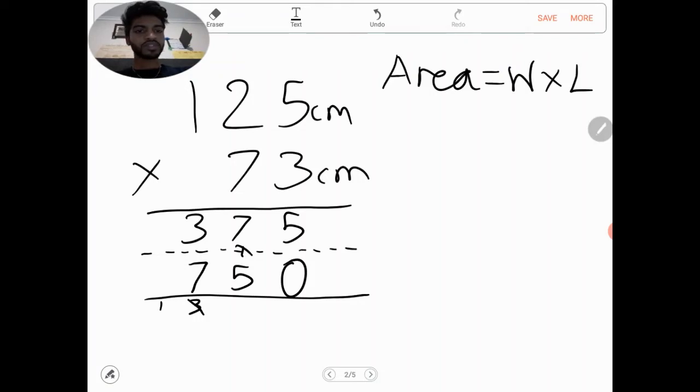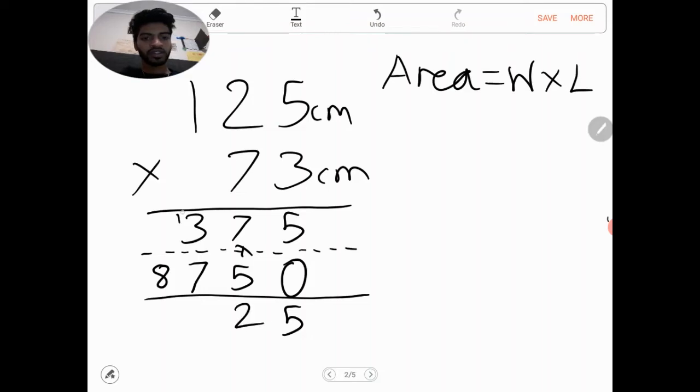Now 7 times 1, which is 7, plus the 1 is 8. Okay, final step, I just have to add the two rows together. So 5 add nothing is 5, 7 add 5 is 12, carry the 1, 1 add 3 is 4, add the 7 is 11, so 1 here, carry the 1, 1 add 8 is 9.